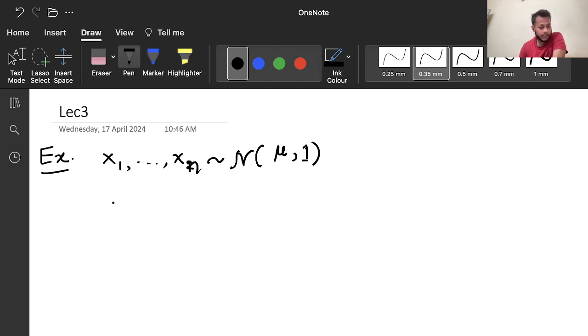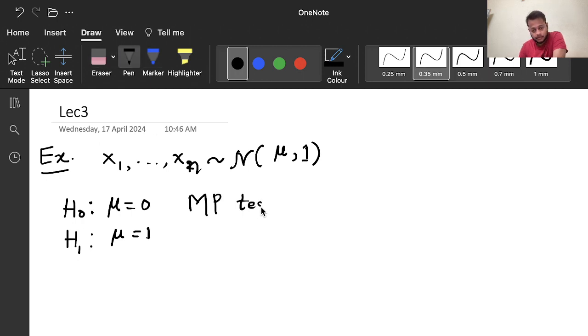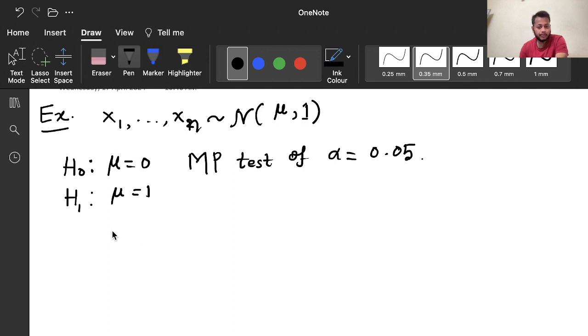Now we have to test the null hypothesis H0, that mu equals 0, against the alternative hypothesis mu equals 1, and we have to find the MP test of size alpha equal to 0.05. Now we know the distribution of the normal.